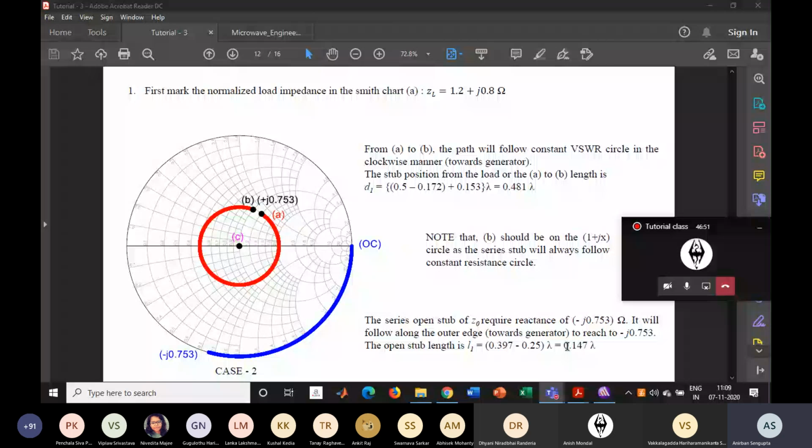So for a single impedance, you have two different matching networks, and you can choose either of them to match the impedance.